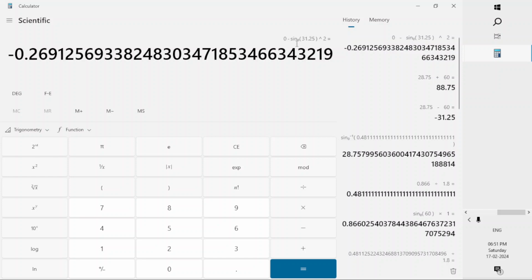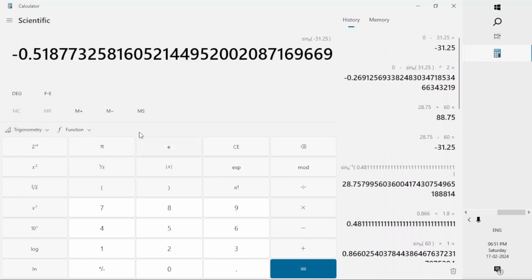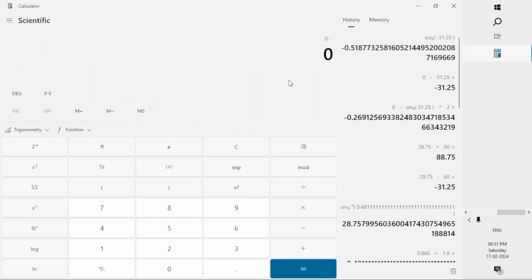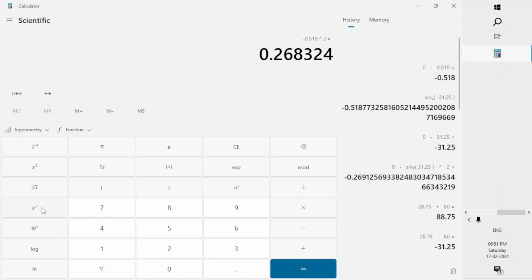Sine of minus 31.25 is minus 0.518, and squared, 0.268. Then sine square of 88.75.